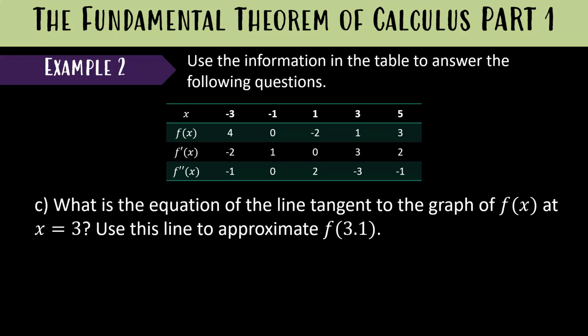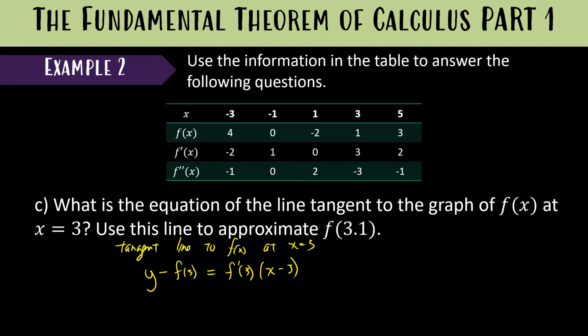How do we find the equation of a tangent line of f at x equals 3? It's actually not that bad. Tangent line to f at 3 is going to be y minus f of 3, what's the slope? F prime of 3 times x minus the x value, 3.